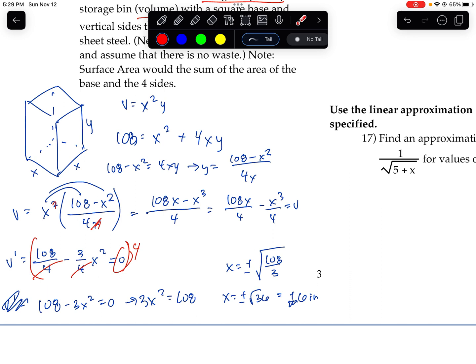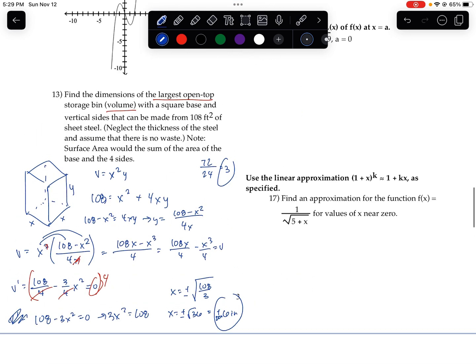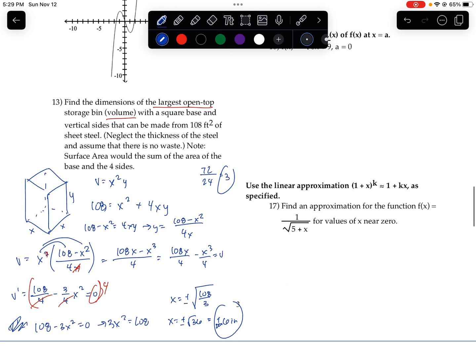So that's going to be equal to 72 divided by 24, and that's going to be equal to 3. So the dimensions are 6 by 6 by 3. There you go. 6 inches by 6 inches by 3 inches. So that's the dimensions there.